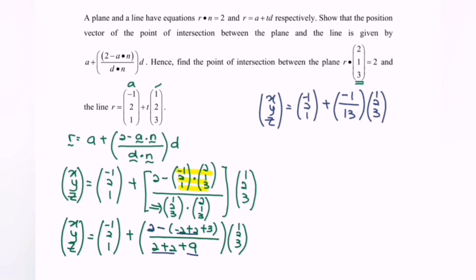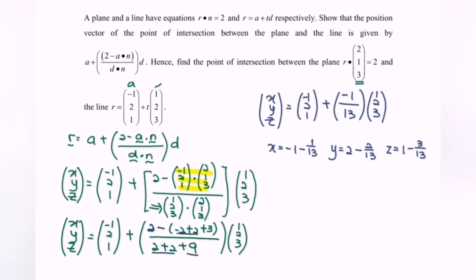So finally we have x equals -1 minus 1 over 13. Next, y equals 2 minus 2 over 13. z equals 1 minus 3 over 13.